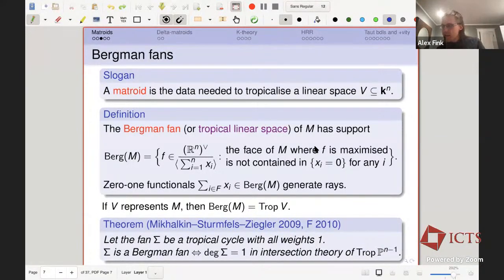So if I have some collection of polyhedra, all the weights are 1. And what it means that its degree is 1 is that if I intersect it with a tropical linear space, say the tropicalization of a line of the opposite dimension, in this case, I will have another tropical line.